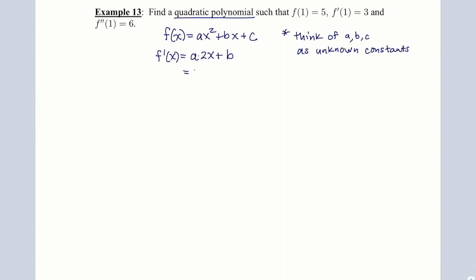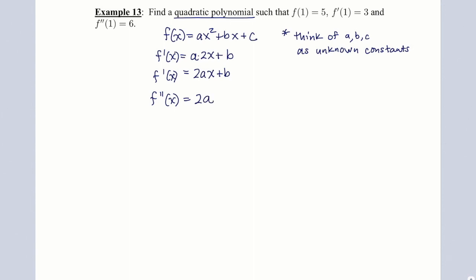Let's rewrite that so it just looks more conventional. That's 2a times x plus b for the derivative. And for the second derivative, we'll keep using the same idea. Now I have 2a times x. So 2a is just a constant multiple of x. A derivative for the constant multiple of x is just whatever that coefficient is. So 2a.